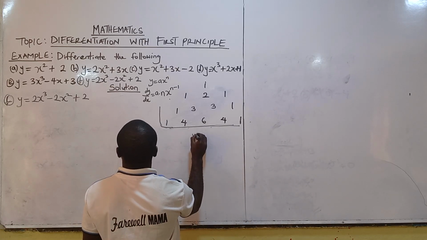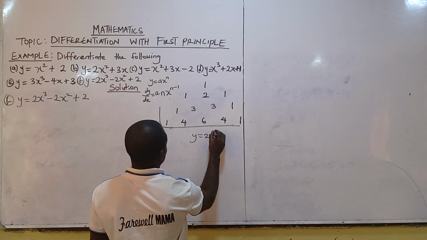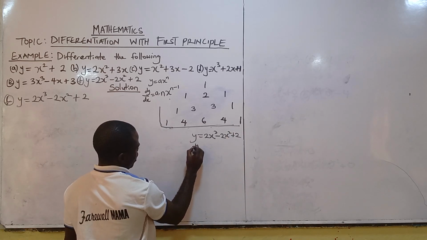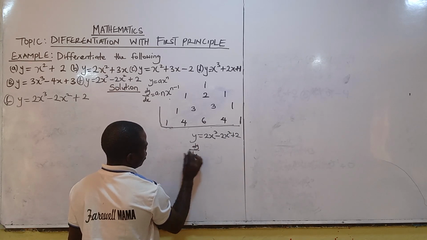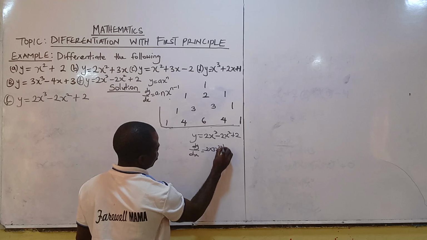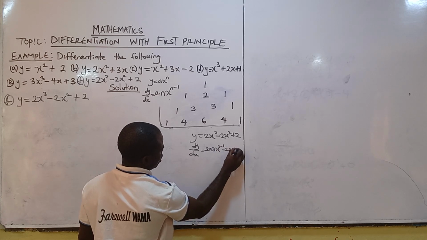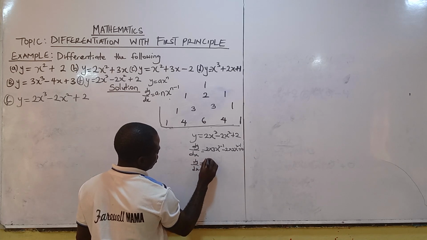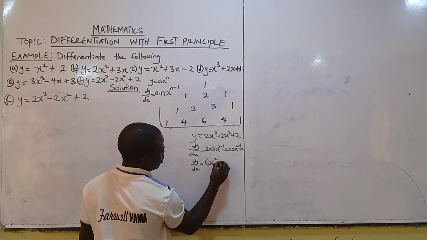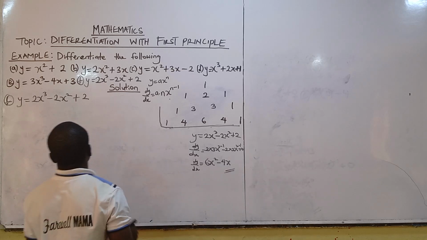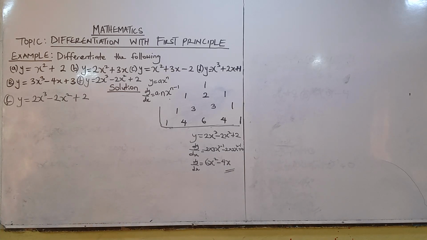You're having y equal to 2x cubed minus 2x squared plus 2. dy over dx equals 2 times 3x to the power 3 minus 1, minus 2 times 2x to the power 2 minus 1, plus 0. dy over dx equals 6x squared minus 4x. When you differentiate this, you must get 6x squared minus 4x.